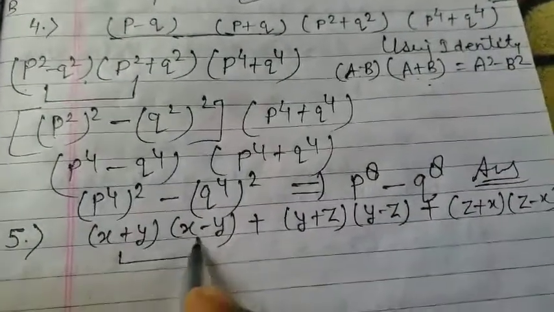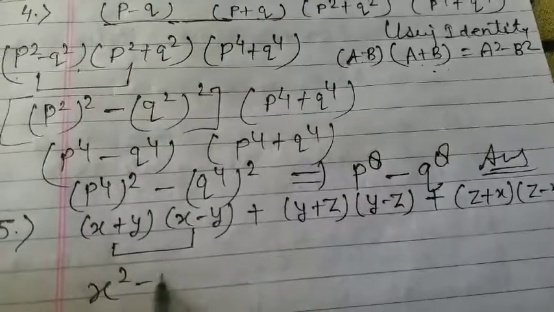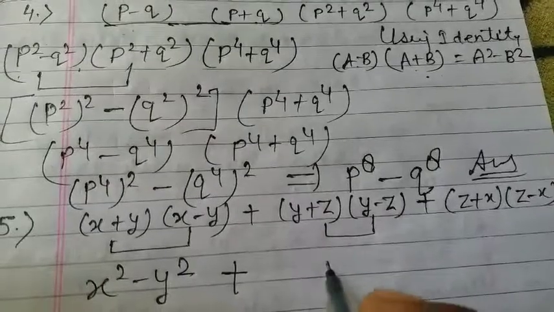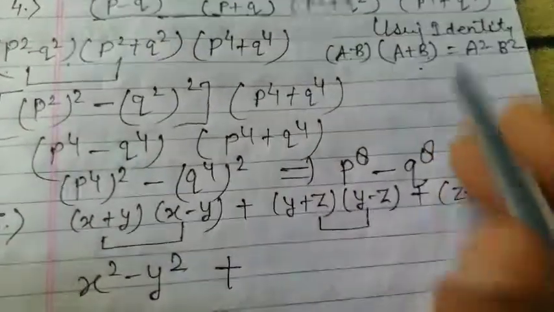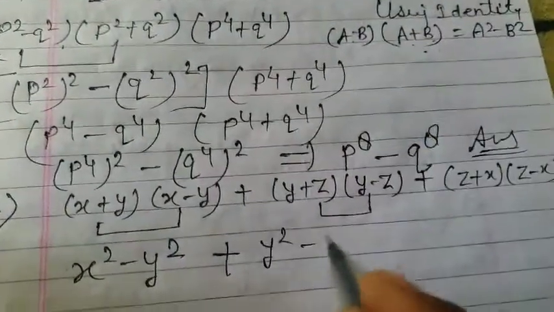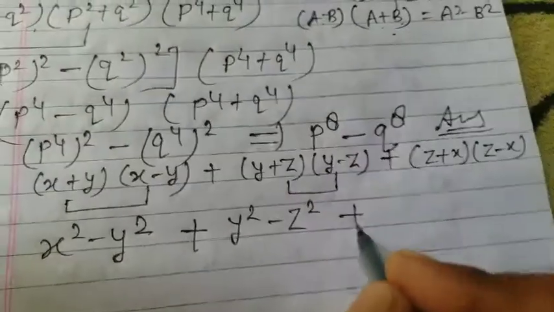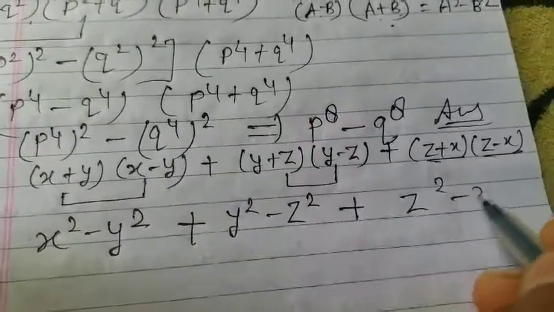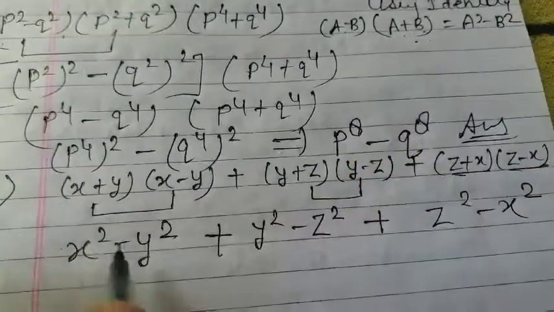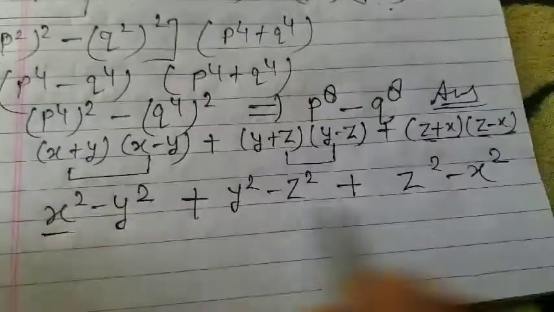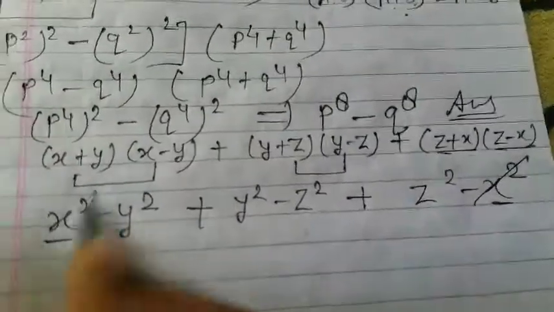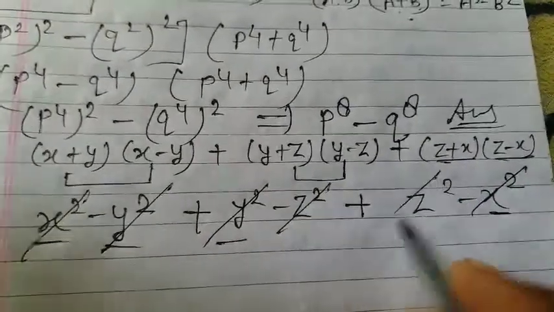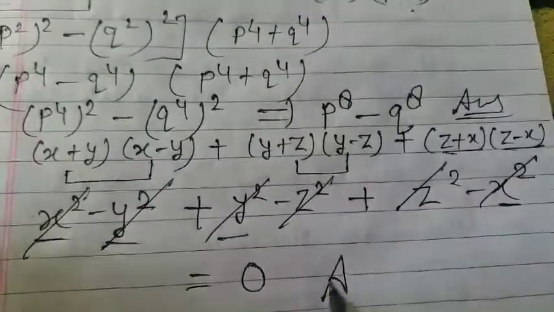Now we write it as x square minus y square, plus y square minus z square, plus z square minus x square. Here x square is positive, x square is negative, it is cancelled. Y square is negative, y square is positive, it is also cancelled. Z square is also cancelled. The answer is 0.